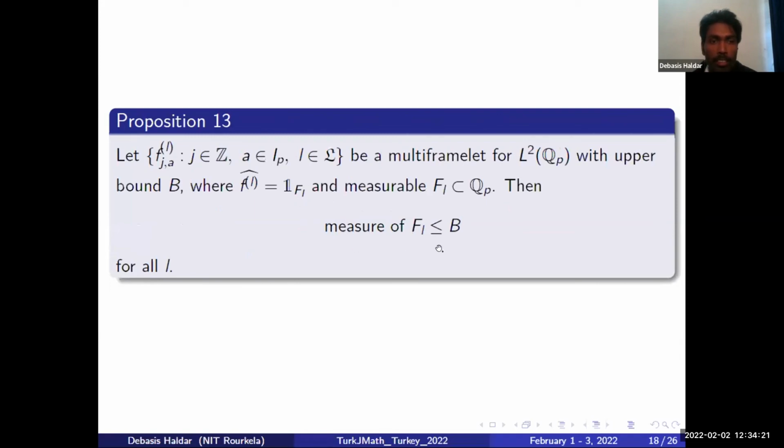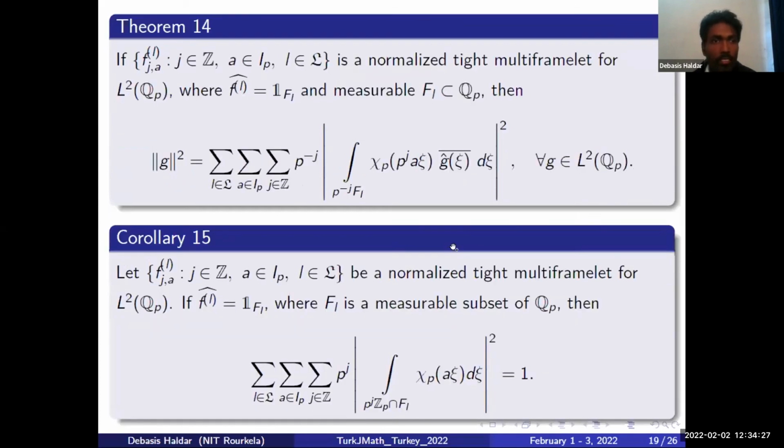Then the measure of this F^l is less than or equal to B. And here, if this is a normalized tight multiframelet, then these two conditions will hold.